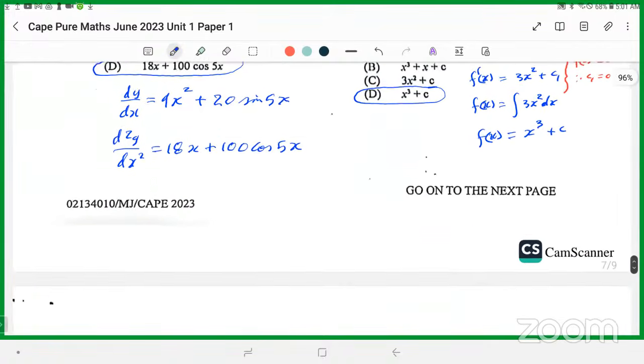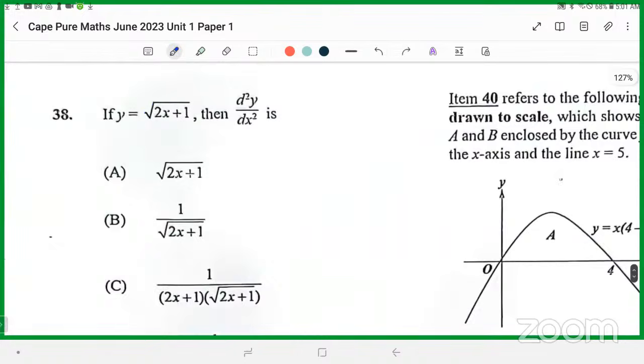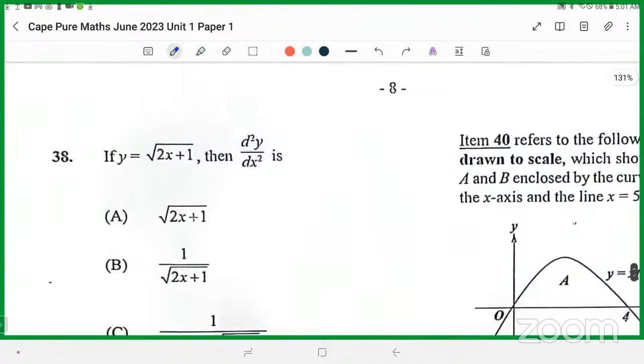All right, 38. Differentiate this twice. Remember that this is the same as y equals (2x plus 1) to the power half, so you can see the power you're working with instead of the square root.